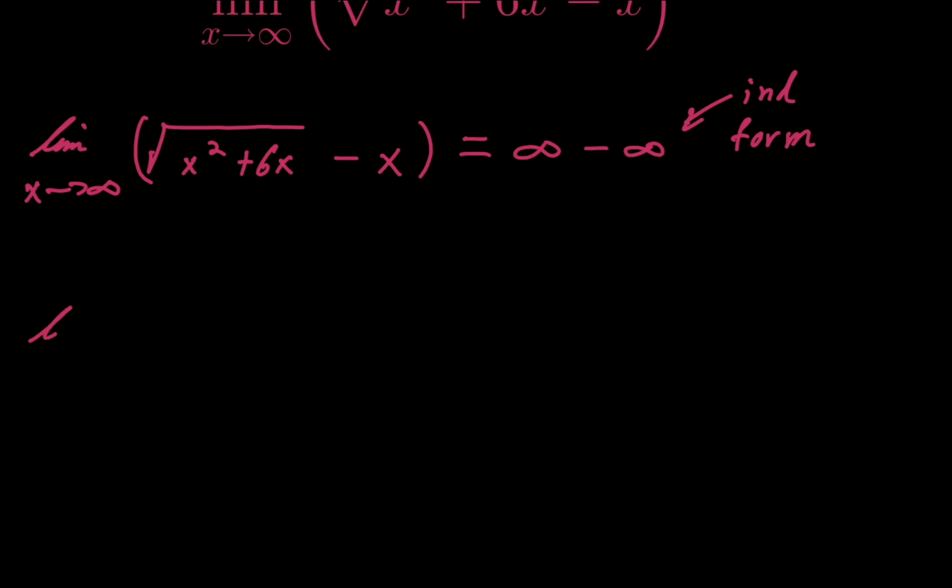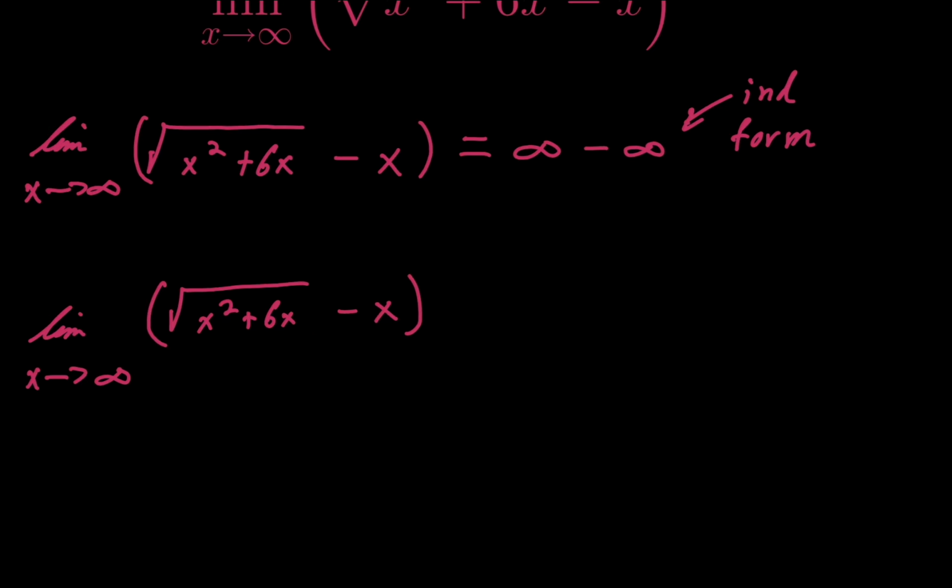So let's start over. We're going to have the limit as x approaches infinity of the square root of x squared plus 6x minus x. All right. Now, the key to solving this limit problem is to multiply by the conjugate of this expression that we have here.